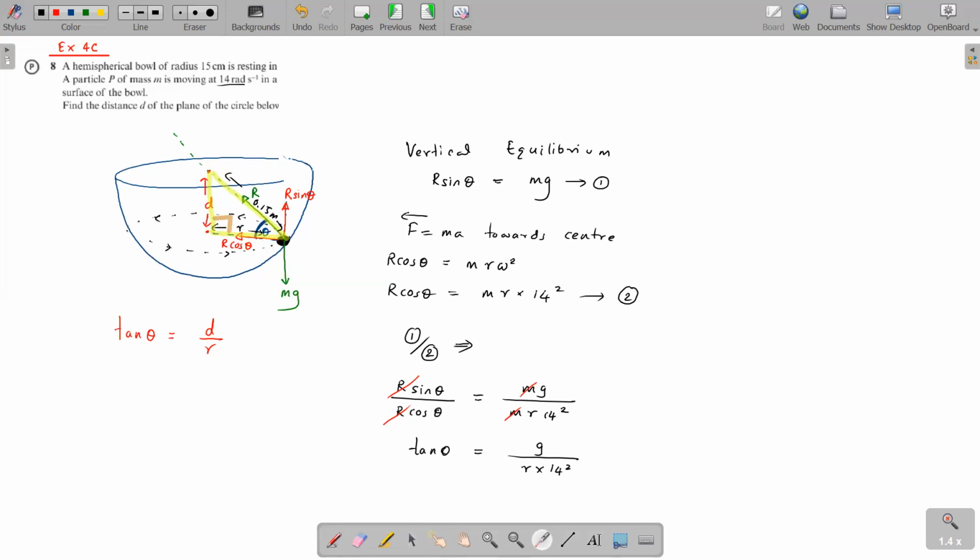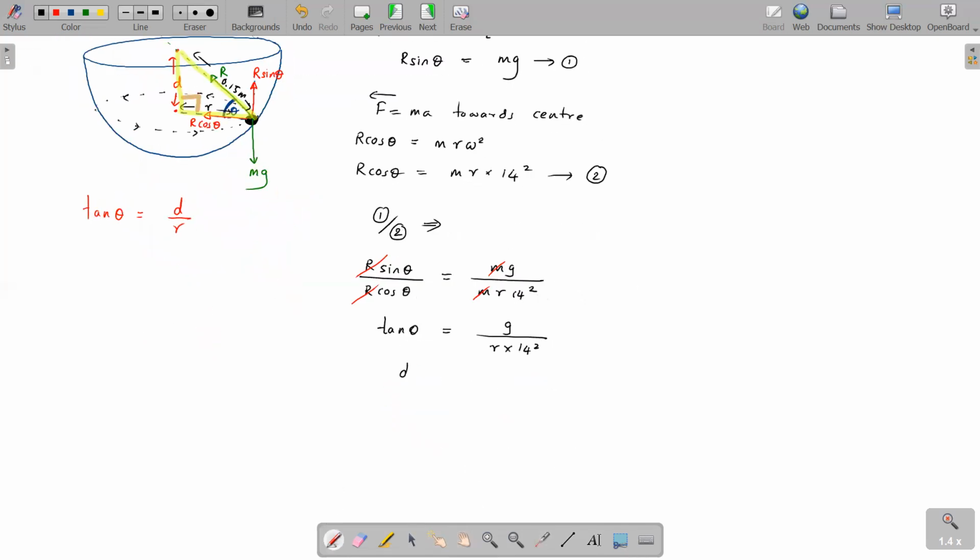This simple. So using d over r equals g over r into 14 square, you can see the r will cancel out, and you get d equals g over 14 square, and we can simplify and get the answer.